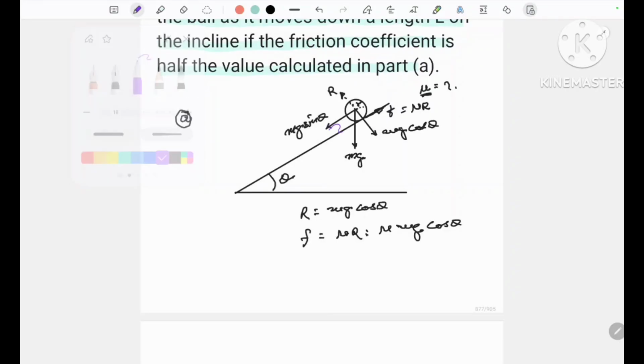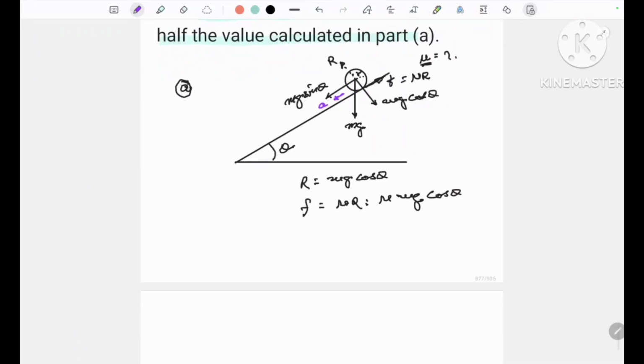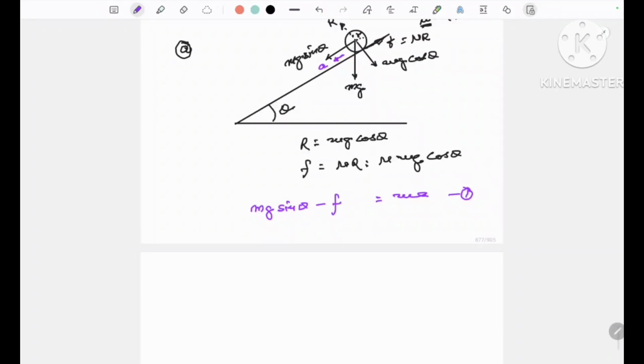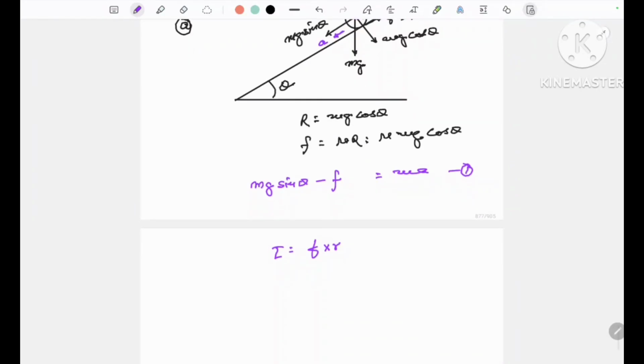Suppose the downward acceleration is a. Net downward force is mg sin theta minus F is equal to ma, equation number 1. Moment of force about the center of this hollow sphere, tau, will be F into R, and this equals I alpha.